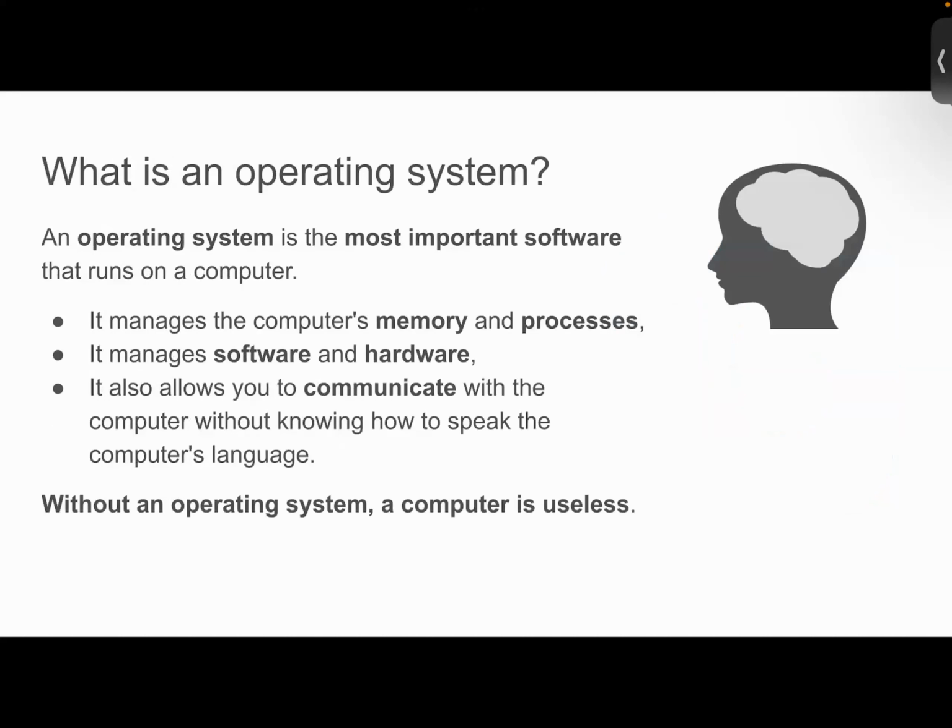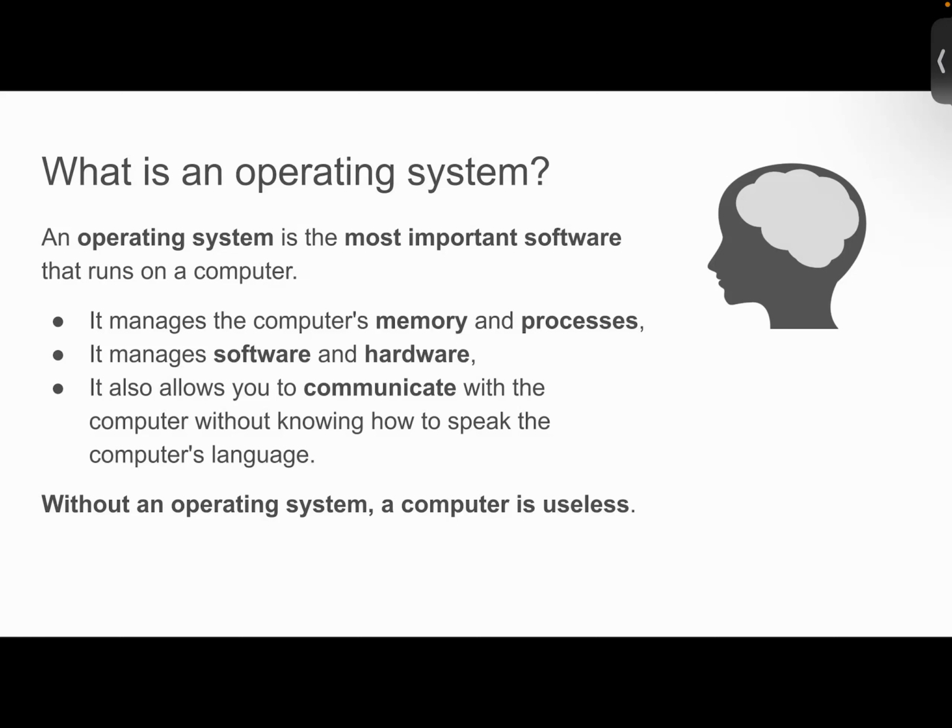But what is an operating system though? An operating system is the most important software that runs on a computer. The most important organ in our body is the brain, right? Without the brain, we wouldn't be functioning. So that's why it's the most important. It manages the computer's memory, basically storage and processes, like the running of applications and background activities, for example.